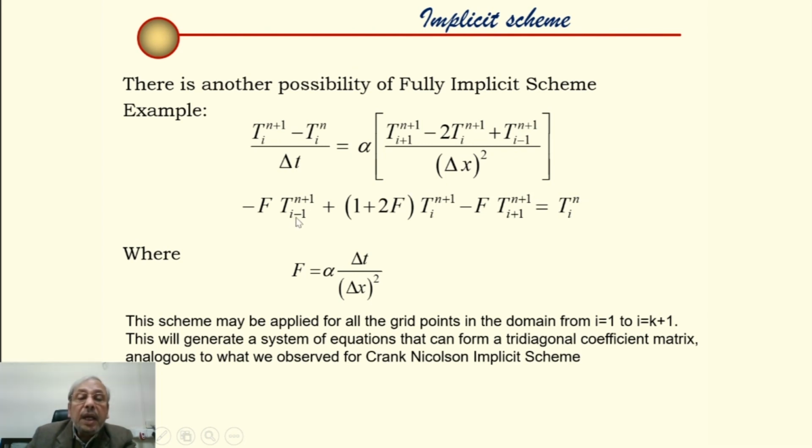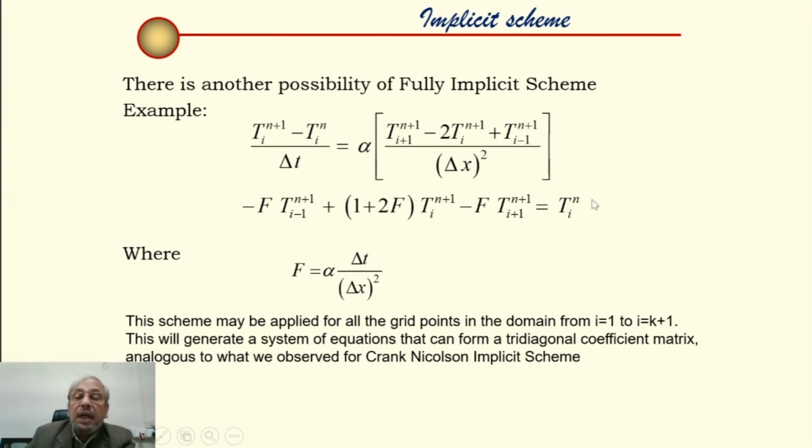So here if we substitute i equal to 2, this will be T1, T2, T3; i equal to 3, T2, T3, T4. So this way we can go from 1 up to the kth point, and we will again get a system of equations. And on the right hand side, we did not express anything in terms of the nth level. So only this term is expressed at the nth level.